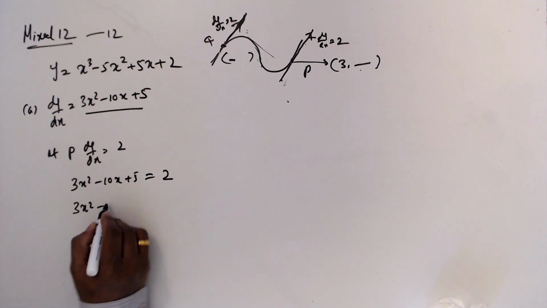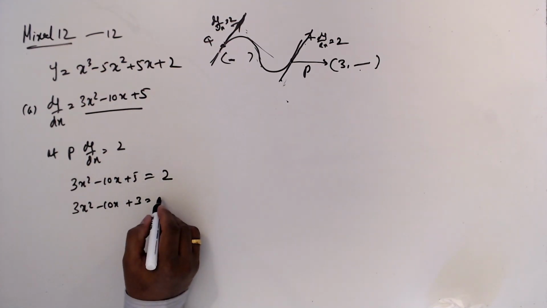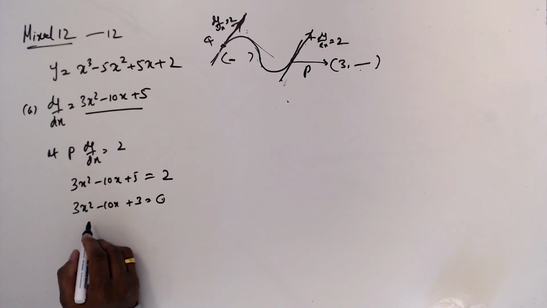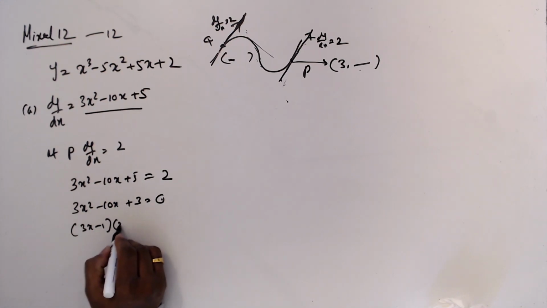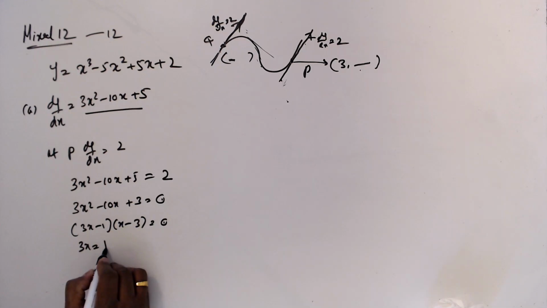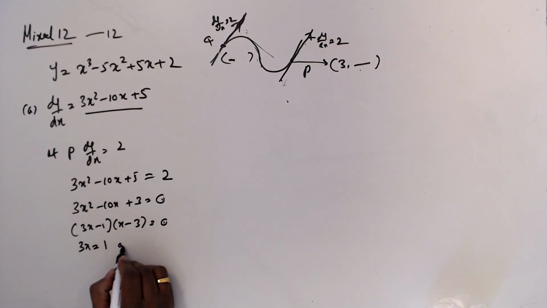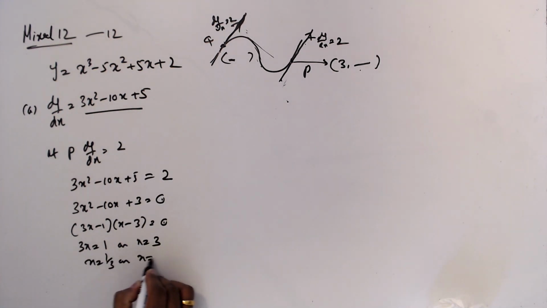So 3x squared minus 10x plus 5 minus 2, that is 3. So I can factorize this: 3x minus 1 and x minus 3 equals 0. So 3x equals 1 or x equals 3, which means x equals 1 over 3 or x equals 3.